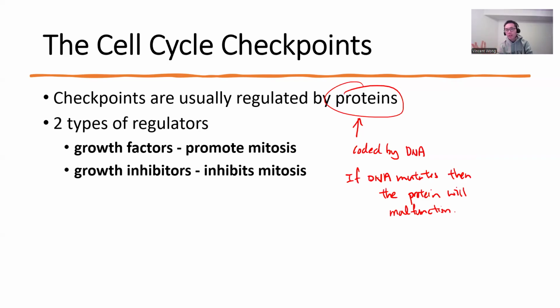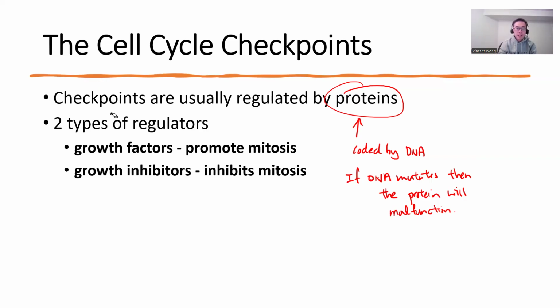It could be because of exposure to various things that cause DNA to change, like UV light, right? So if the DNA changes, then the instructions to make these checkpoint proteins are going to have mistakes in them. And so the protein might end up not functioning properly.